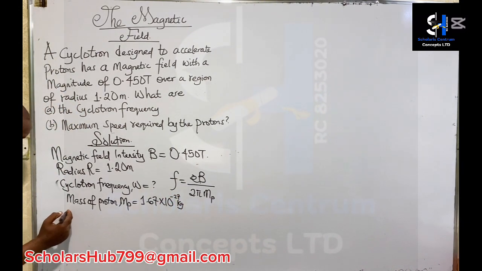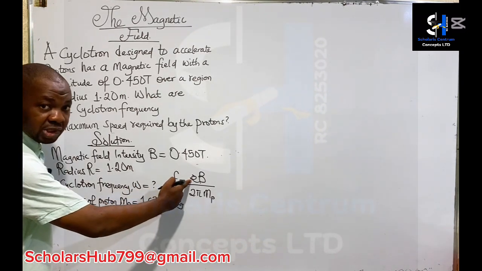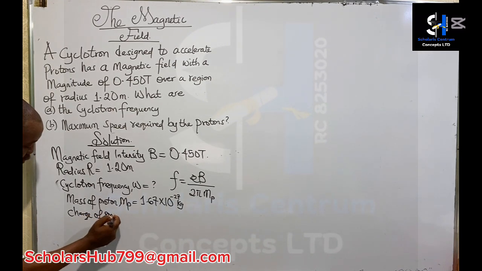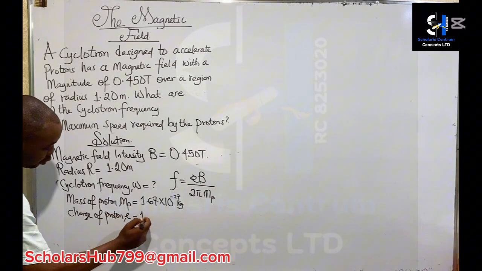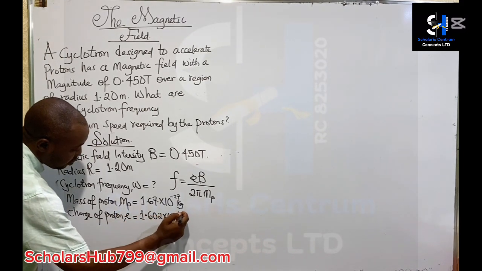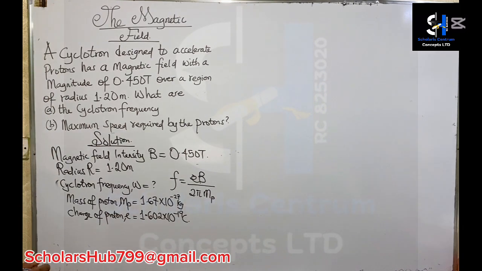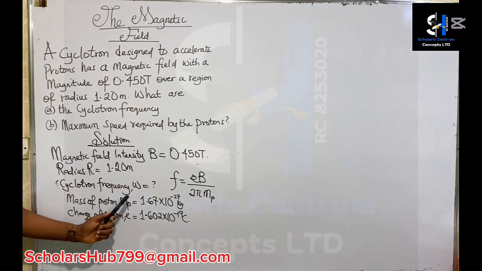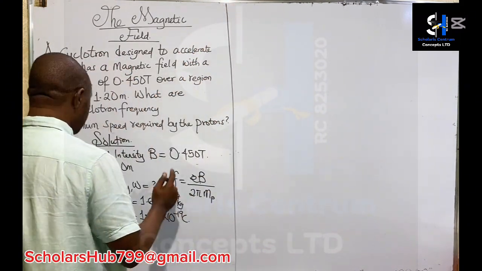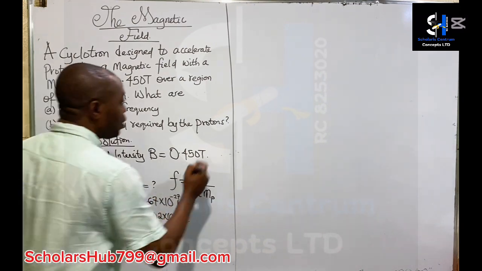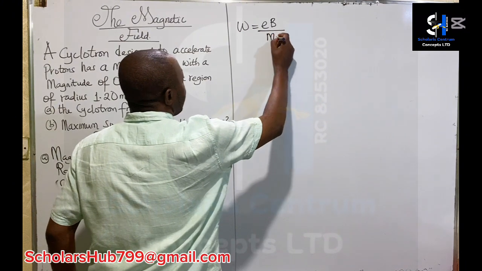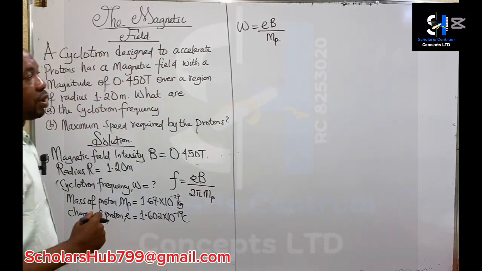Now we also need the value for the charge on proton. The magnitude of the charge on proton is 1.602 times 10 raised to the power of negative 19 coulomb. Because we are looking for the angular frequency, this formula will now become W equals eB all over m, that is m_p.